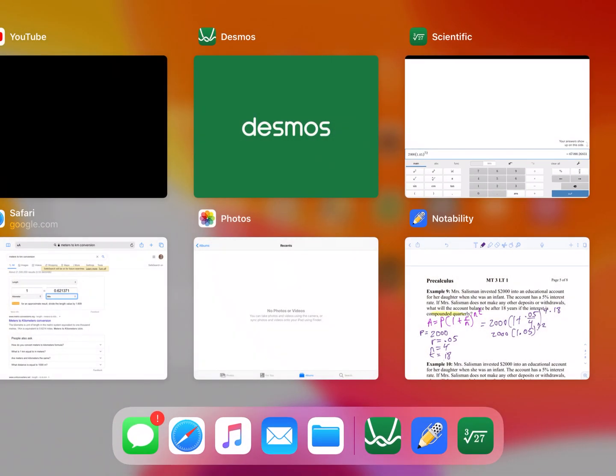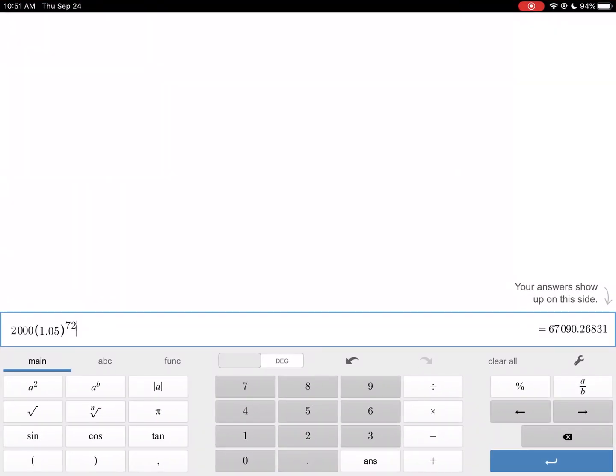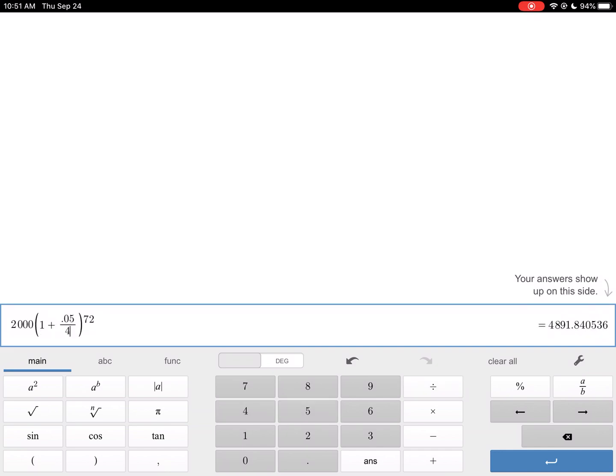Except, you know what? That's not right. 0.05 divided by 4 is not 0.05. Sorry about that. So I have to go back in here. That seems kind of ridiculous. There we go.